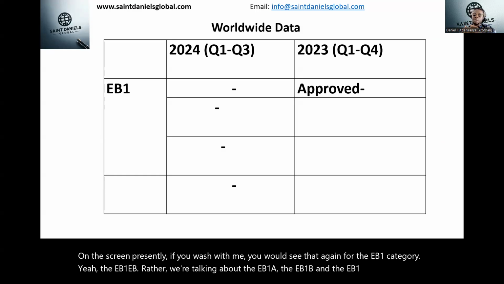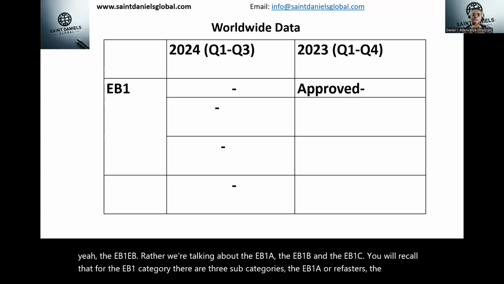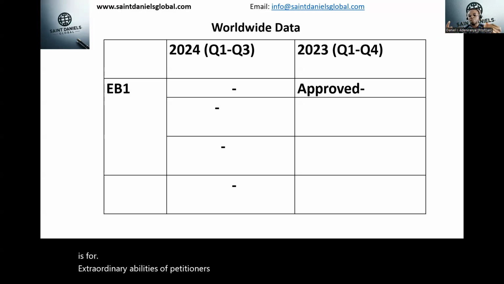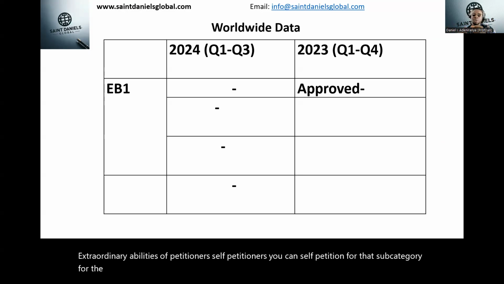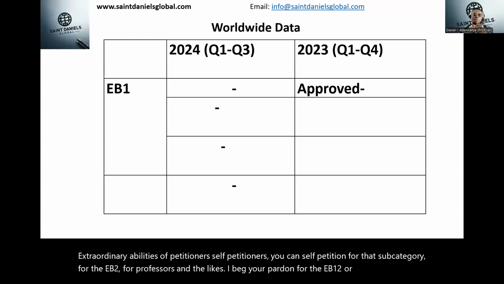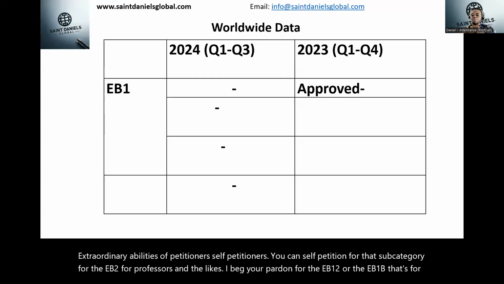You will recall that for the EB1 category, there are 3 subcategories. The EB1A, also referred to as the EB11, is for extraordinary ability self-petitioners. You can self-petition for that subcategory. The EB1B is for professors, and you can't self-petition for that.